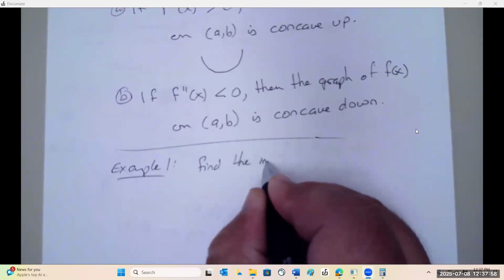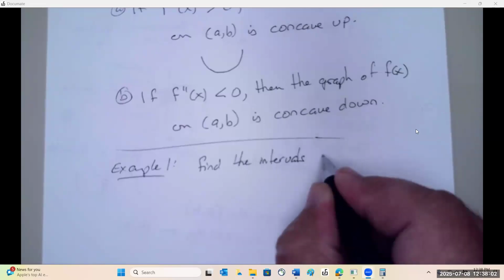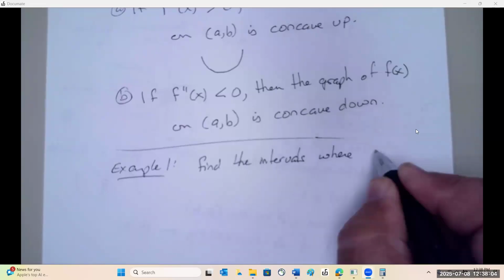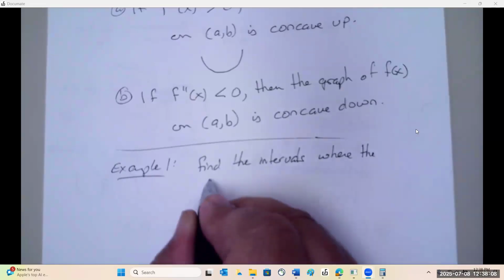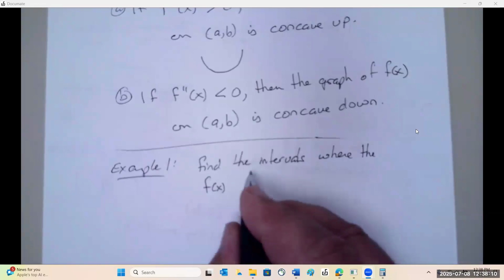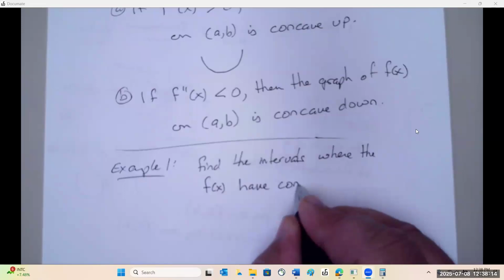Find the intervals where the functions have concavity.